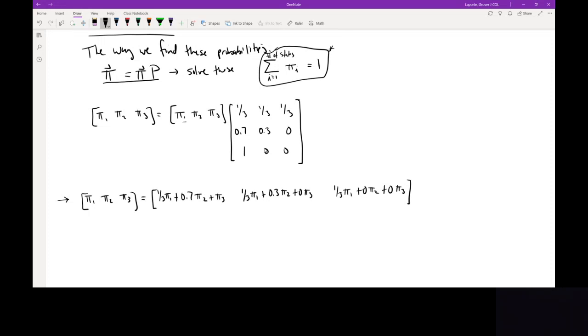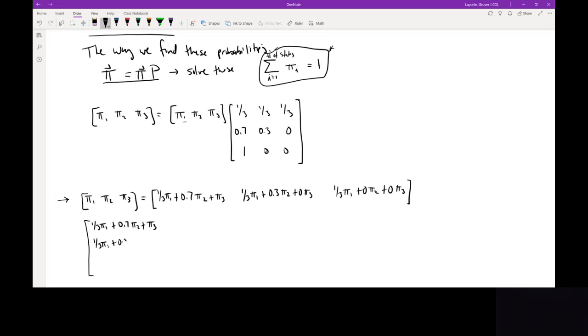Let's change this to columns, and the way we do that is simply take the transpose of both of these. I'm going to write 1/3 pi 1, just because that's the way we're used to seeing null space. We could do this the other way as well, but it wouldn't be as familiar to some of you.